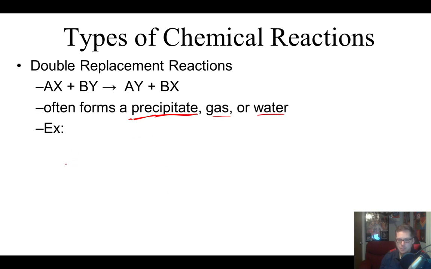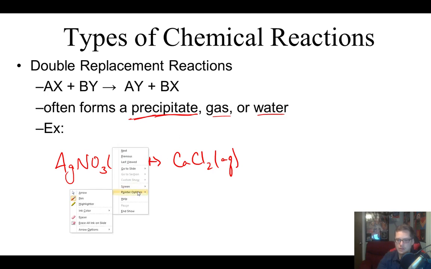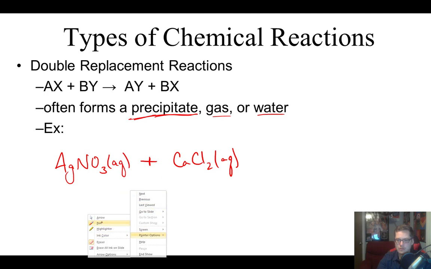So a pretty decent example of this would be if you react silver nitrate, so this is aqueous, and then we'll react that with calcium chloride. Oh, that should be a plus, not a yields. All right, so this would be a double replacement reaction.